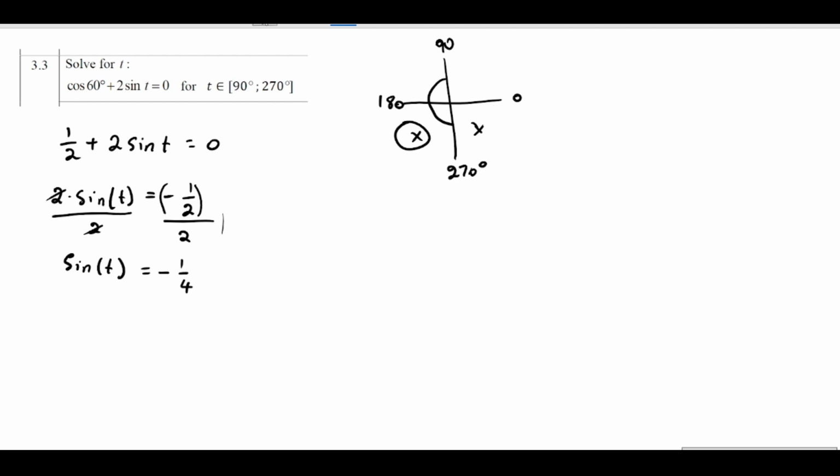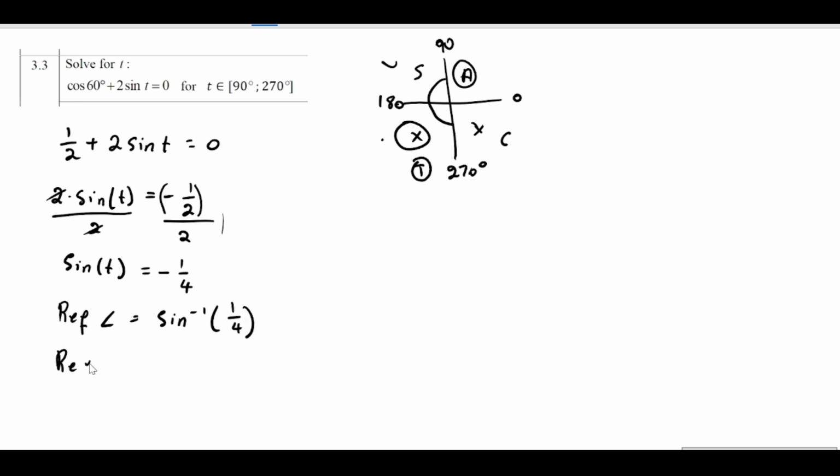It actually comes here. A, S, T, C. Here all of them are positive. Here sine is positive, but here tangent is positive, so that means sine is negative here. So we're going to look for our reference angle. Our reference angle, we're going to say the arc sine of 1 divided by 4.